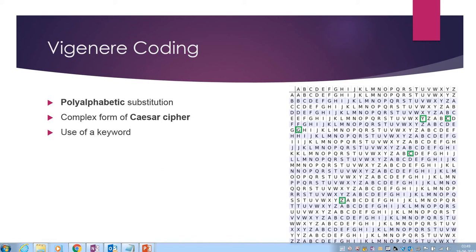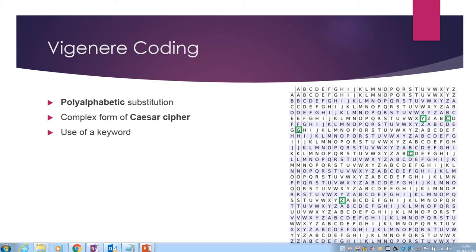Over here the number of positions through which a letter is moved is variable, guys, so it's not fixed. In Caesar cipher we saw that throughout the entire cipher the sender of the message shifts any letter by some known position, like 2 or 3 or 4, and it remains fixed throughout the entire message.